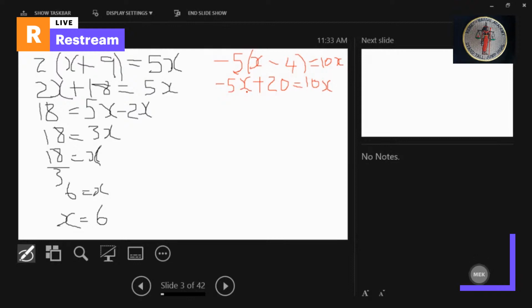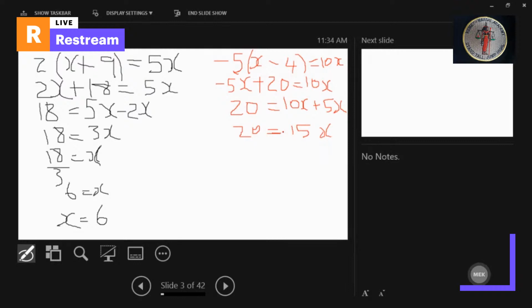But I just prefer to work with positive variables. So I'm going to leave the 20 on the left, and bring across the minus 5x, which becomes plus 5x. So what I have is 20 is equal to 15x.